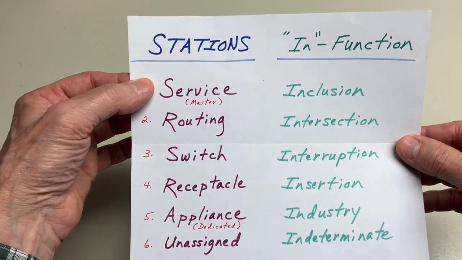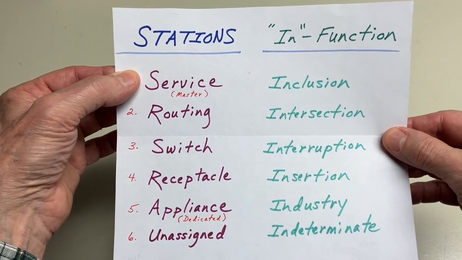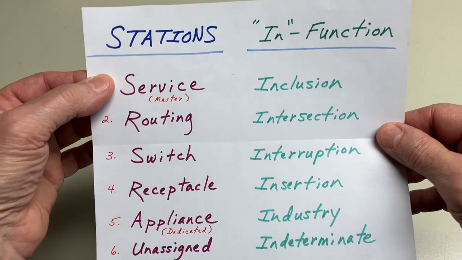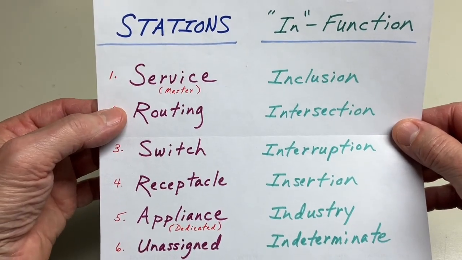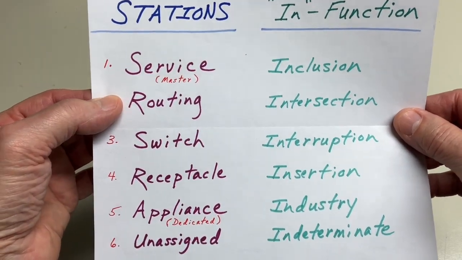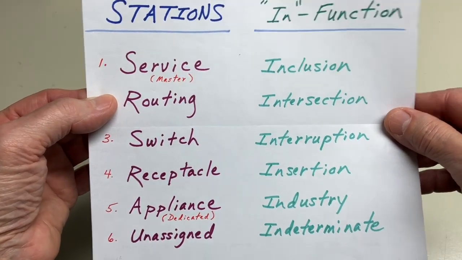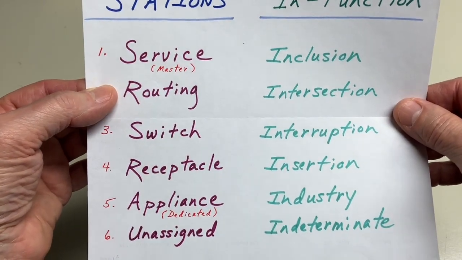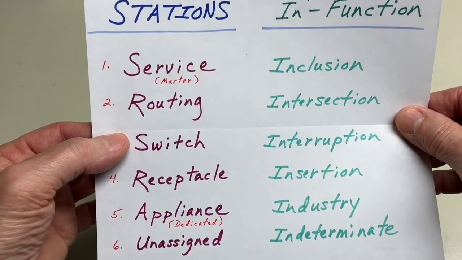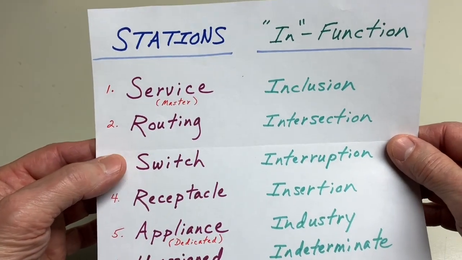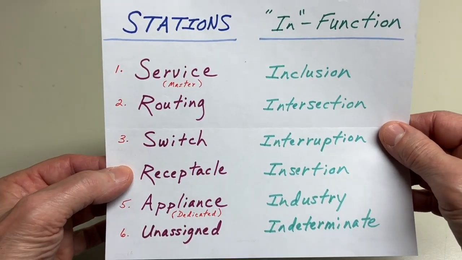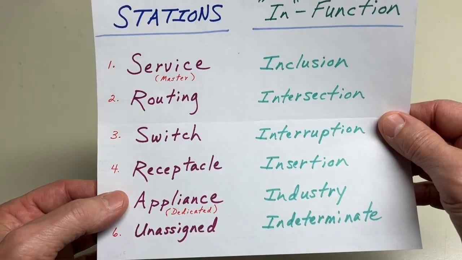Service, or you could call it service entrance station. Routing, that's what's commonly called a junction box. That's what they call it now. That's the contemporary term. The switch station, which I showed you. The receptacle station, which I showed you. Then there's the appliance station.